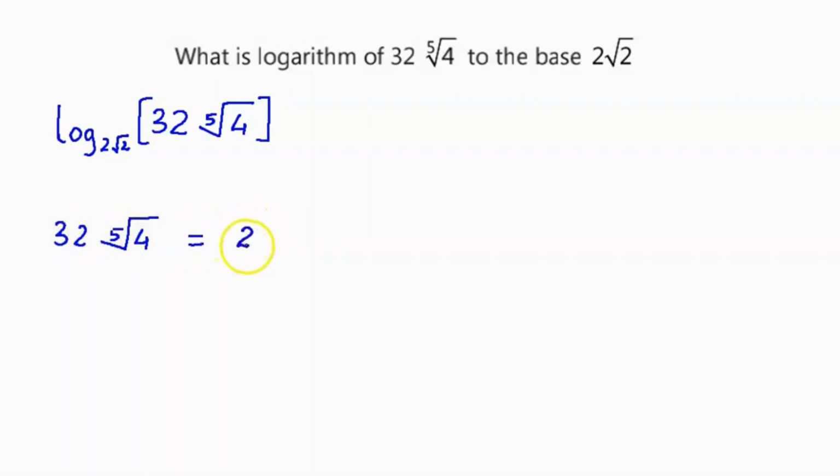32 we can write as 2 raised to 5 and this 4 becomes 2 square. So 5th root of 2 square.